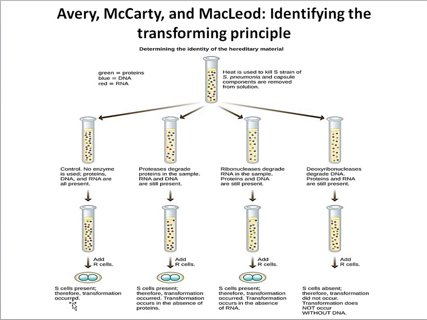So transformation occurred in this case. That means something from this solution could transform R cells to S cells. Now in this sample, what happened? This solution was added to R cells, and the R cells were again transformed to S cells. That means something was here that could transform these R cells into S cells.